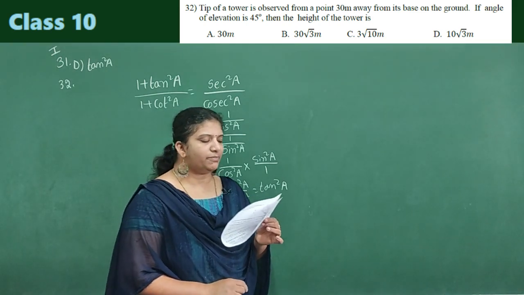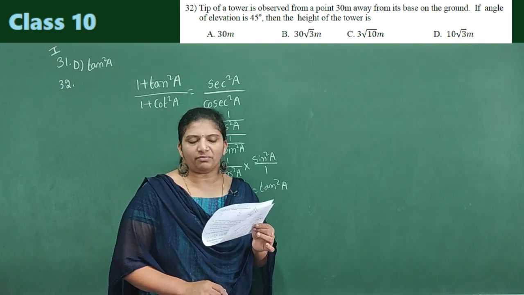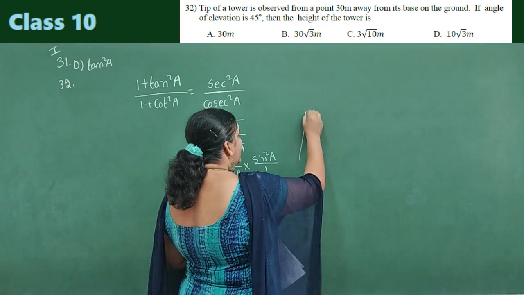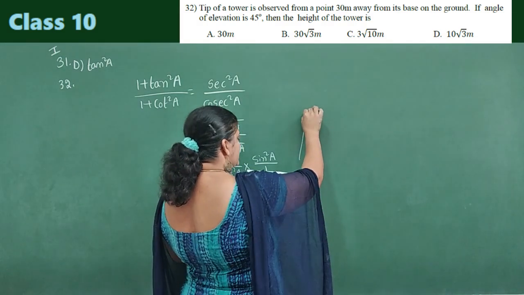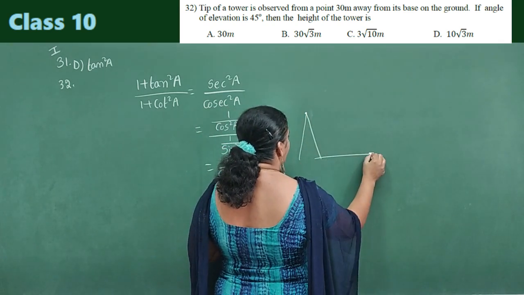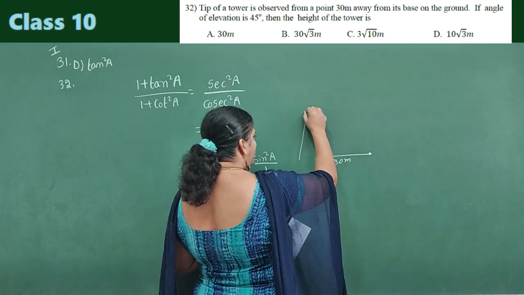32nd one. Tip of a tower is observed from a point 30 meter away from its base on the ground. Okay, let us imagine a tower. This is the tower tip. This tip is observed from a point 30 meters away from its base on the ground.